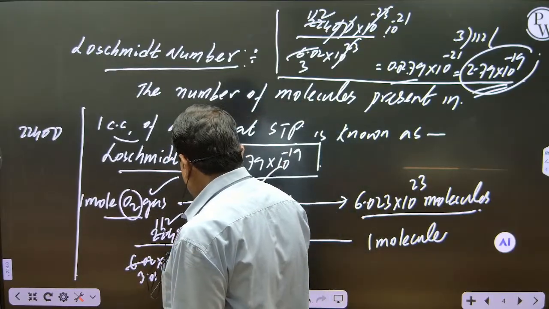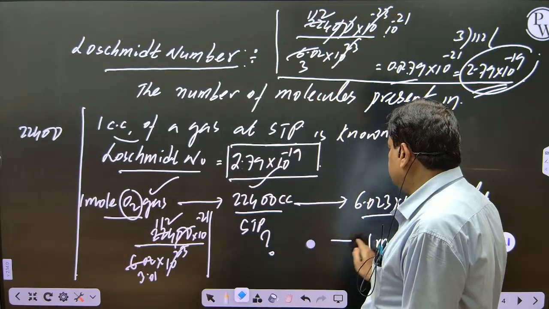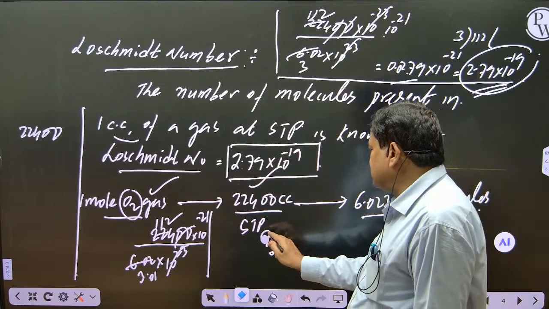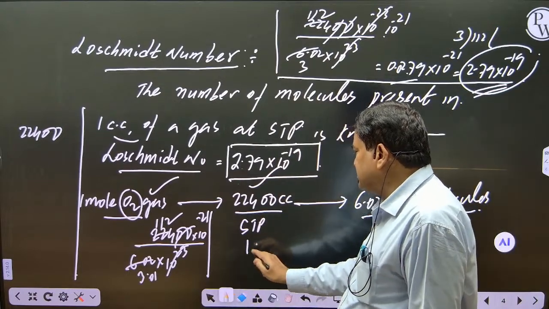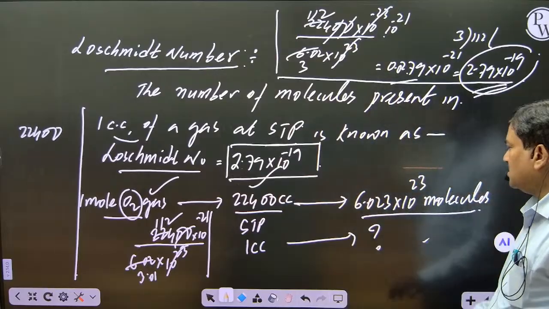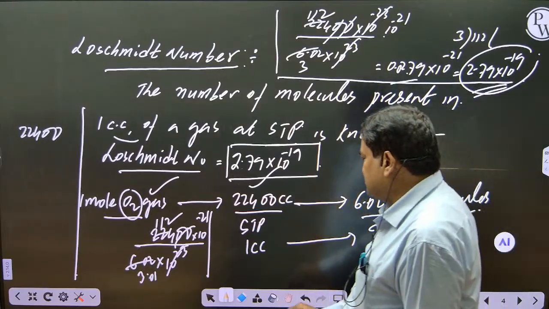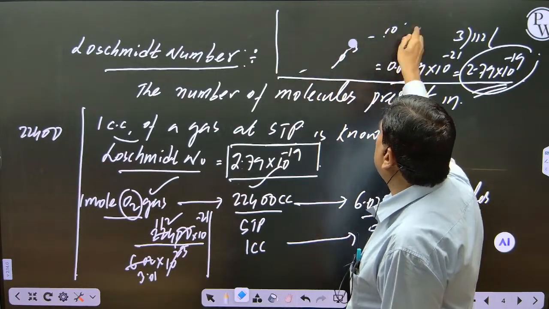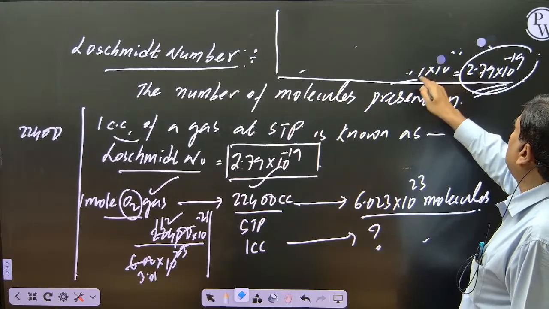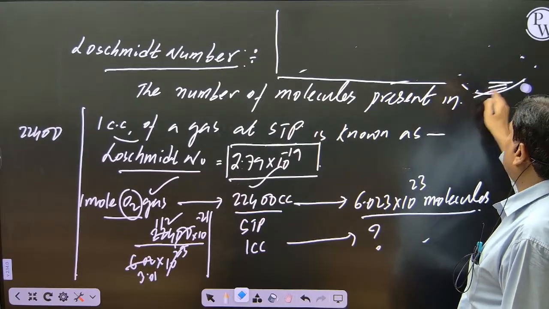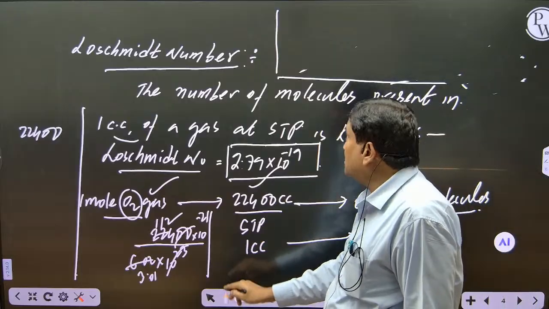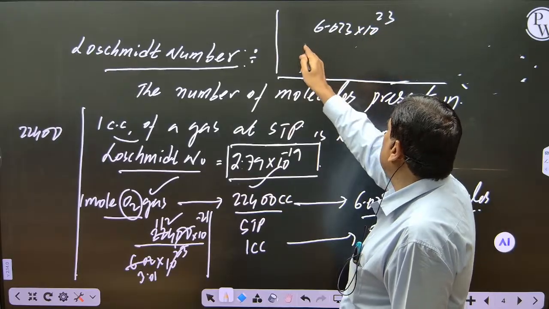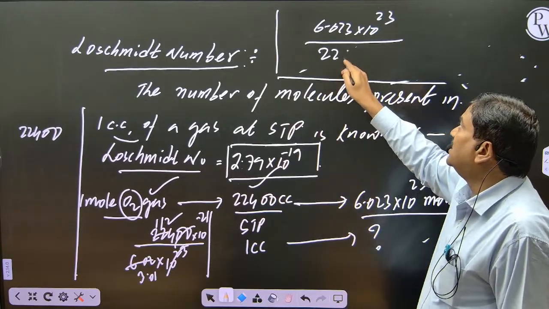Here I have to take 1 cc. What we have done wrong: if 22,400 cc is having Avogadro number of molecules, for 1 cc of the gas how much will it be? Do the correction here. Simplify, the answer should come as Avogadro divided by 22,400, that is 6.023 into 10 power 23 divided by 22,400.